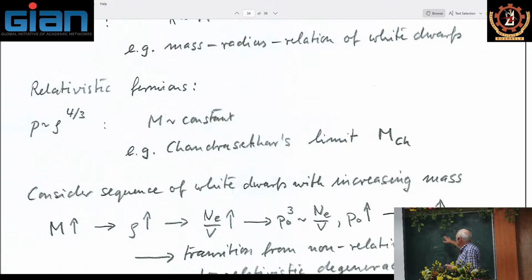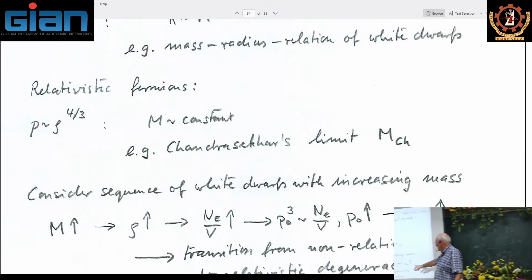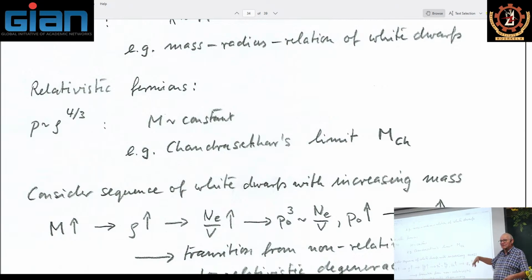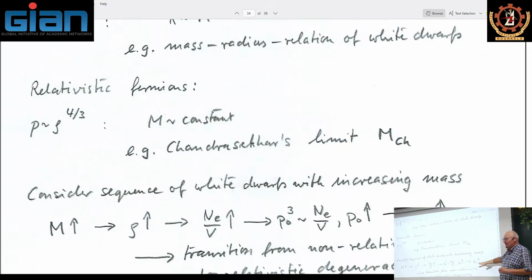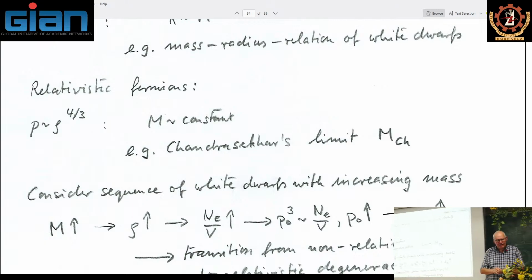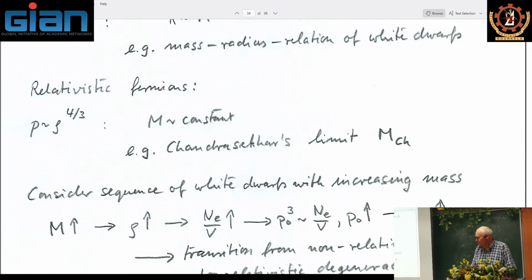Here we have the classical non-relativistic particles, and once we increase the mass and the epsilon goes up, then ultimately we will reach the state where epsilon becomes relativistic, or the energy has to be considered to be relativistic energy, and therefore the electrons will become relativistic.